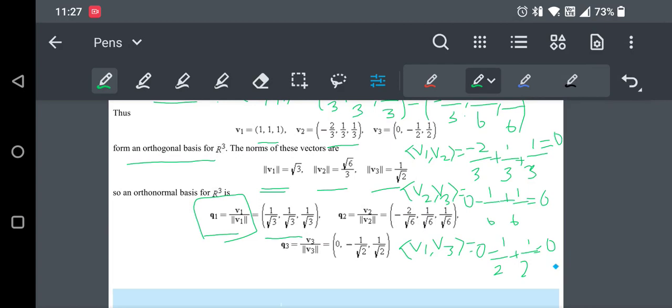So when you compute, you will be getting this, and for Q3 you will be getting this answer. So now when you take the norm for this Q1, Q2 and Q3, obviously you will be getting 1. So with this, what we can tell is this Q1, Q2, Q3 will form an orthonormal basis. Thank you.